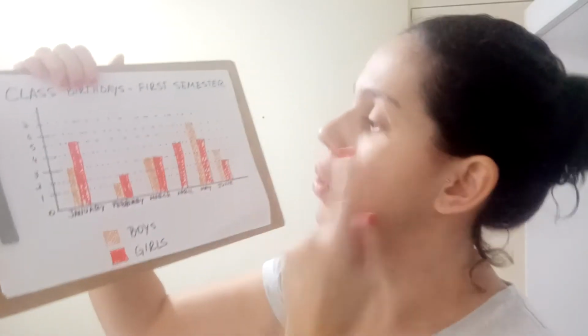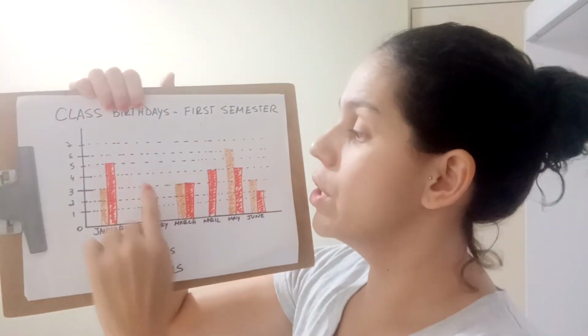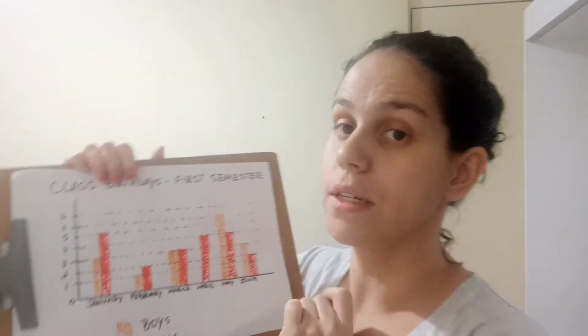And then, are there more boys or more girls with birthdays in the first semester? So now look, we need to count all the boys and all the girls' birthdays and see if we have more boys or more girls.